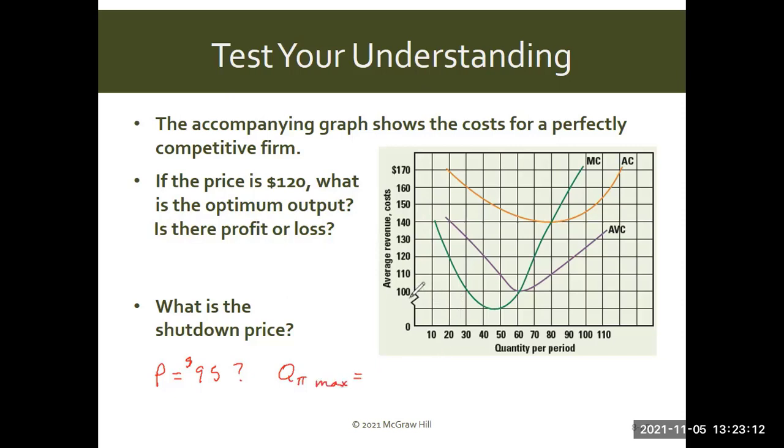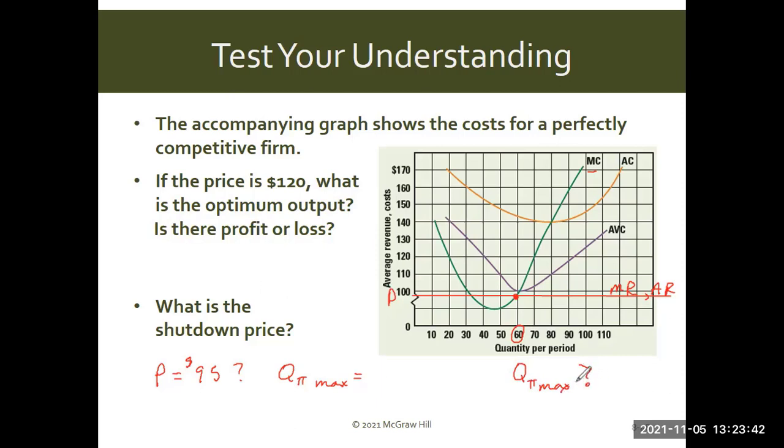Well, the first step is I take that price of 95, which is about there, and I draw it straight across. And that's my marginal revenue, average revenue, its price as well, MR, AR. First step is find where marginal revenue equals marginal cost. Well, that's right there. So the optimal quantity should be 60.